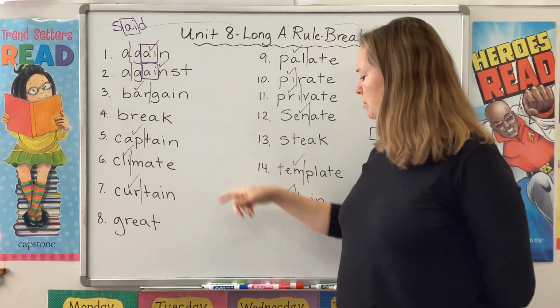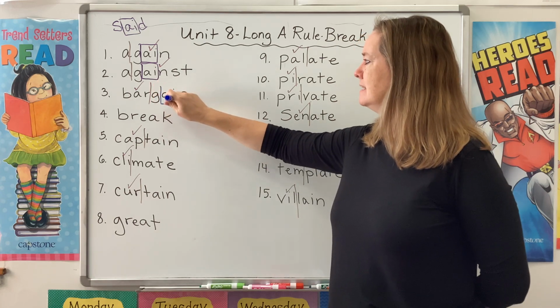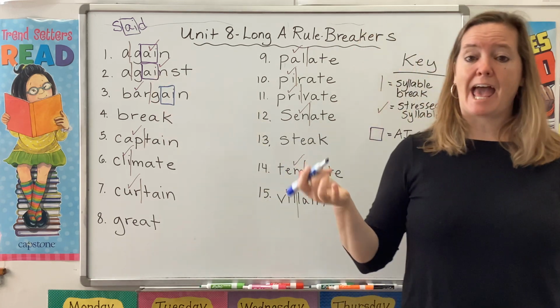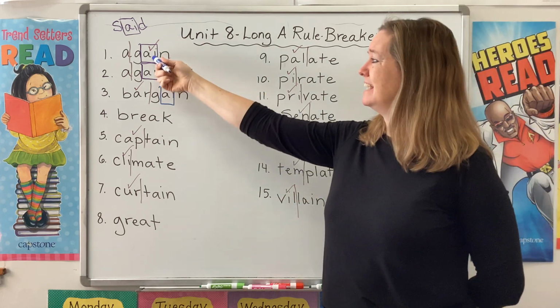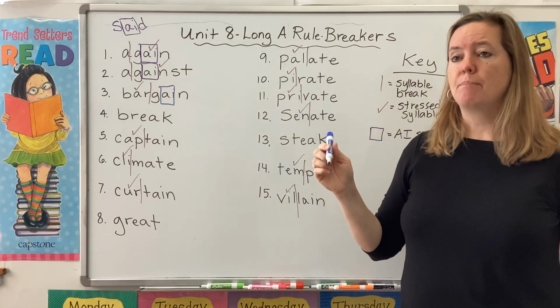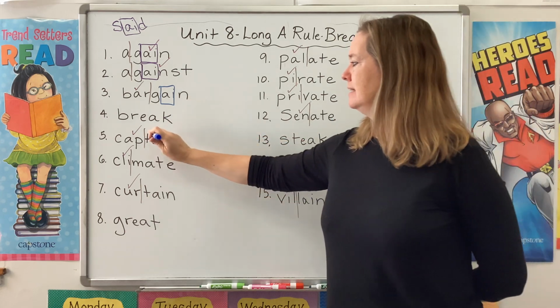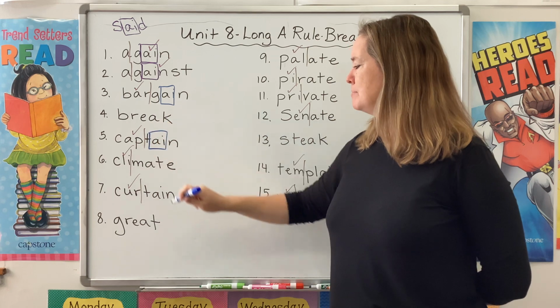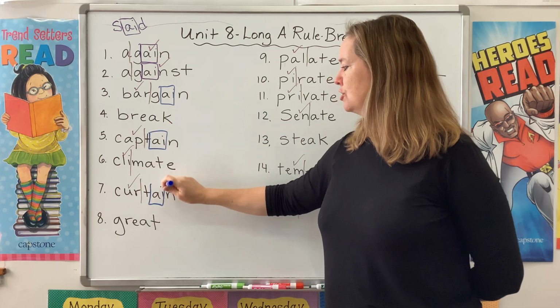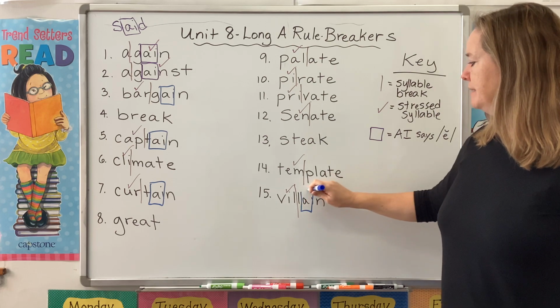So if you look at the word bargain, there's that AI again, but it's not saying A, and it's not saying E. It's actually taking on a short I sound. Bargain. We see that in bargain, in captain, in curtain, and in villain.